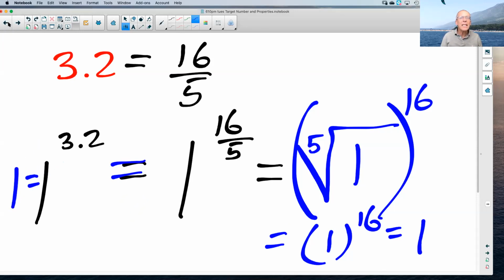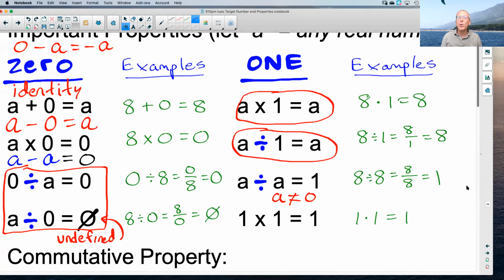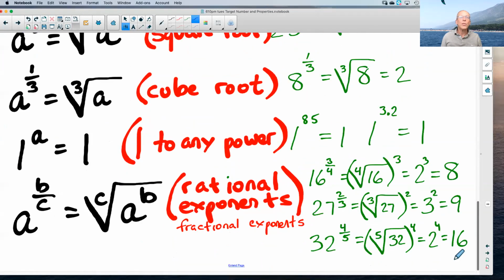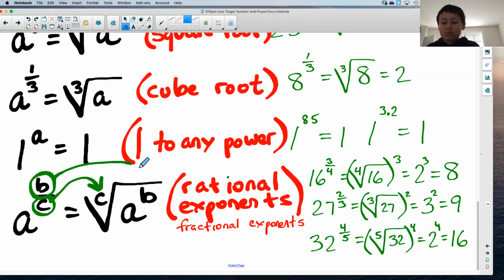Now, you need to know this property, which is called the rational exponent property. The denominator is the root. The numerator is the power. Now, believe it or not, there was this teacher that I worked with 20 years ago, okay?